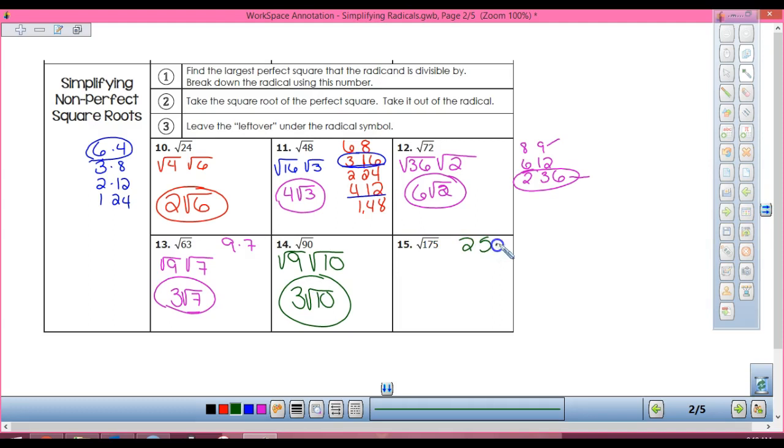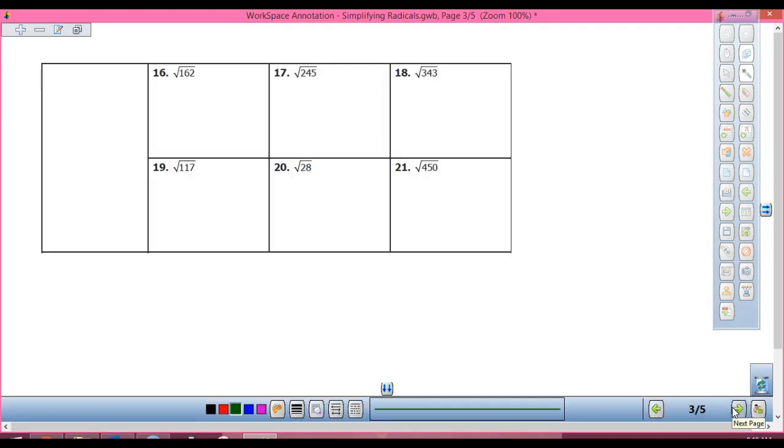How about 175? Yeah, 25 times, what is it? 7? Yeah. So square root of 25 times the square root of 7. What is my square root of 25? So I write it as 5 times the square root of 7. Okay. How about 162?